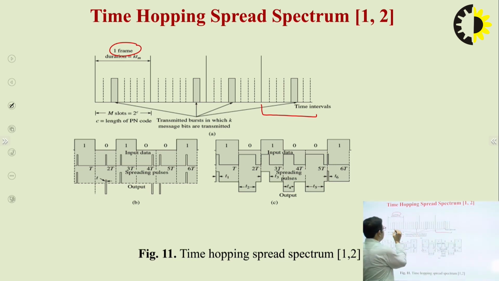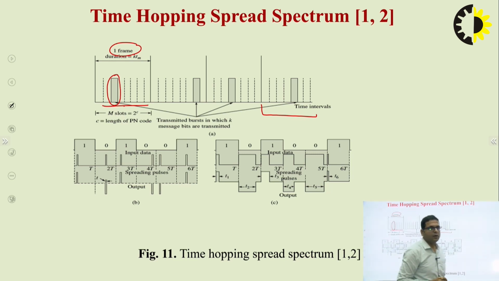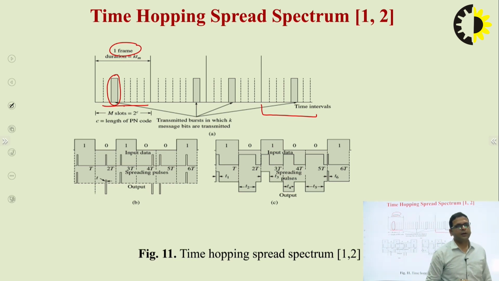For example, in this time frame, the baseband signal modulates this particular time slot. After modulating, all the modulated time slots are gathered and transmitted as a burst in the next transmitted sequence.